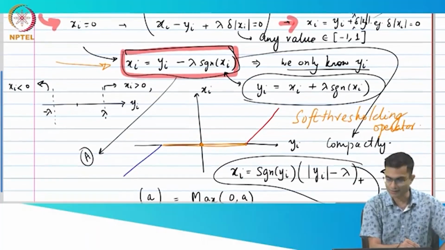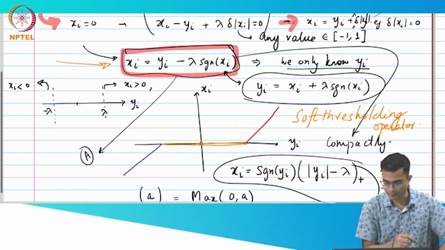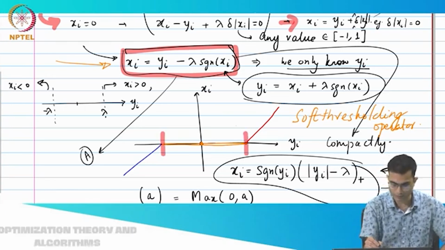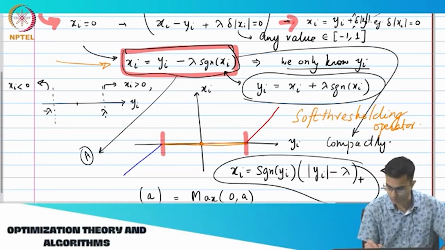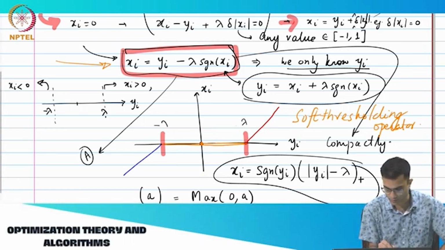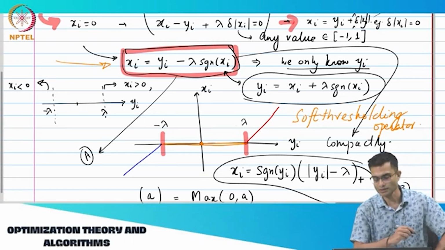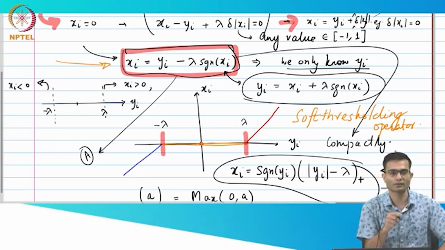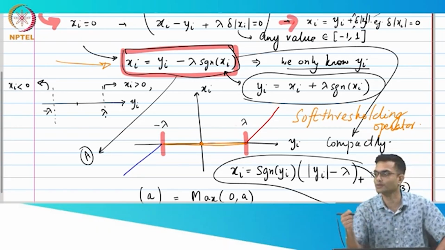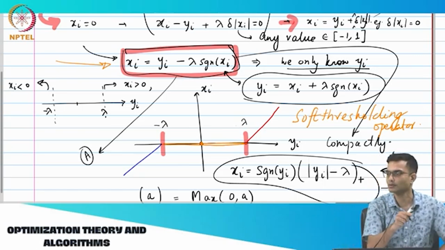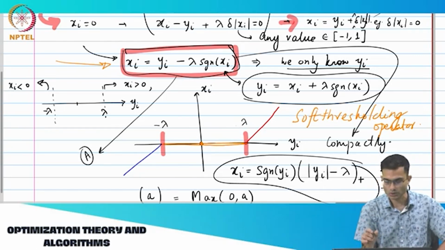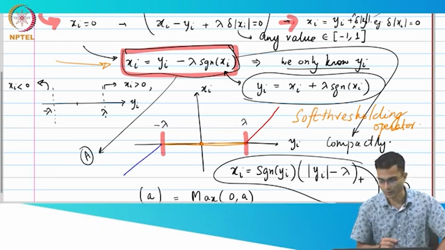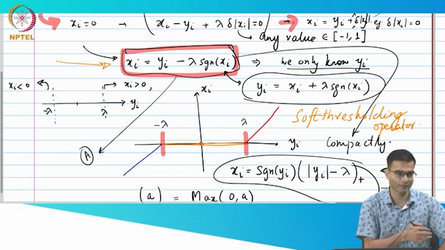Then we sketched the graph. In this entire range, from lambda to minus lambda, xi remained 0, and I chose the value of the subdifferential to match yi. So this function looks like this. For yi less than minus lambda, I have the blue line.